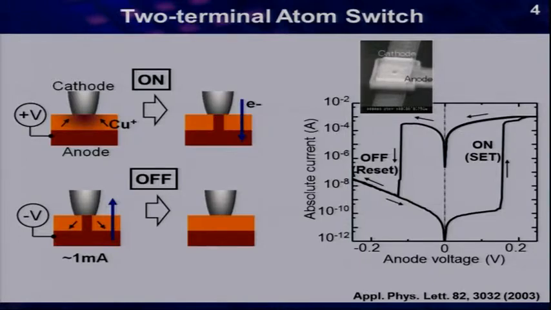When a positive voltage is applied to the copper, copper ions migrate to the cathode, and the excess copper ions precipitate. The copper bridge is formed, and the switch turns on. We observed a large current of 1 milliamp through the copper bridge when the switch turns on. Inversely, when a negative voltage is applied, the switch turns off. For turning off, a large current is also required.